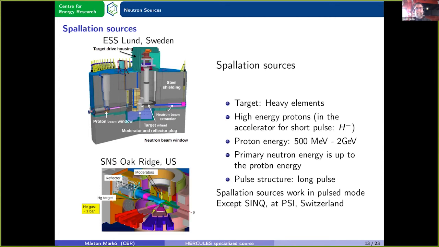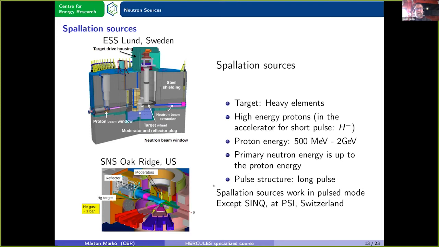And which is very important, the primary neutron can have almost the total energy of the incoming proton, which means that we can have neutrons of some 100 MeV and GeV, and it's really difficult to shield against them.